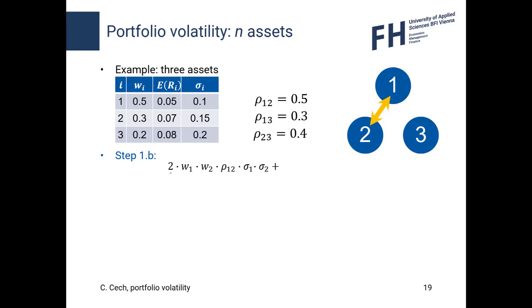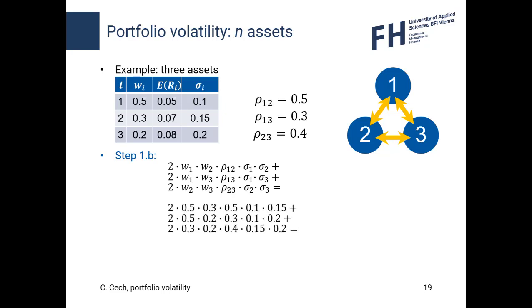And to this we add the product for the combination 1, 3, and then finally the product for the combination 2, 3. Now we insert the values and get a result for step 1b of 0.00489.